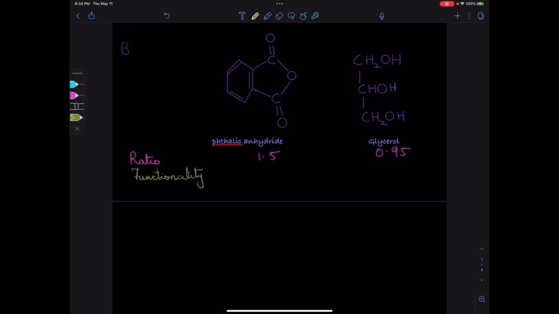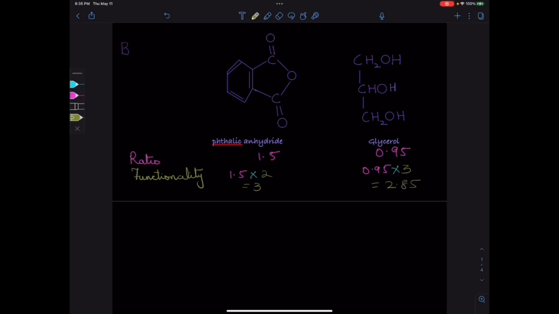Phthalic anhydride has 2 carboxylic acid, so the functionality is 1.5 times 2, which is 3. Glycerol has 3 hydroxyl groups, so the functionality is 0.95 times 2 times 3, which is 2.85.